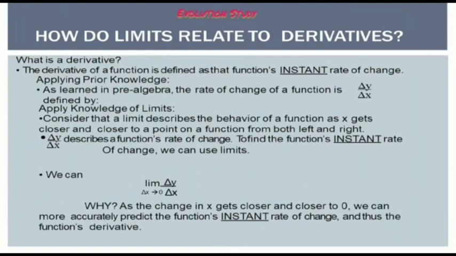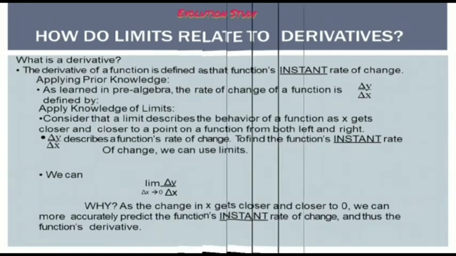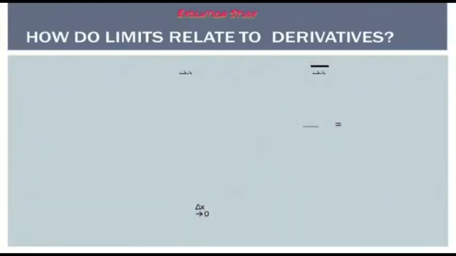Delta y by delta x describes the function's rate of change. To find the function's instantaneous rate of change, we can use limits. We can write limit delta x tends to 0 of delta y by delta x. As the change in x gets closer and closer to 0, we can more accurately predict the function's instantaneous rate of change and thus the function's derivative.